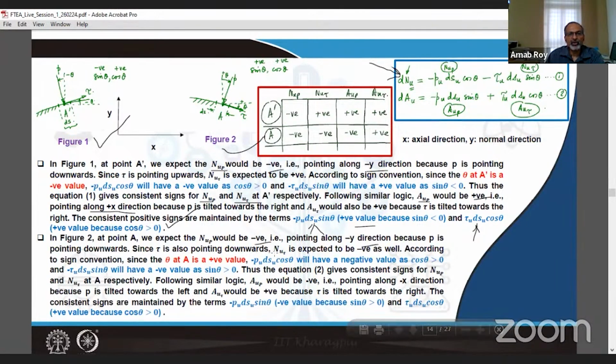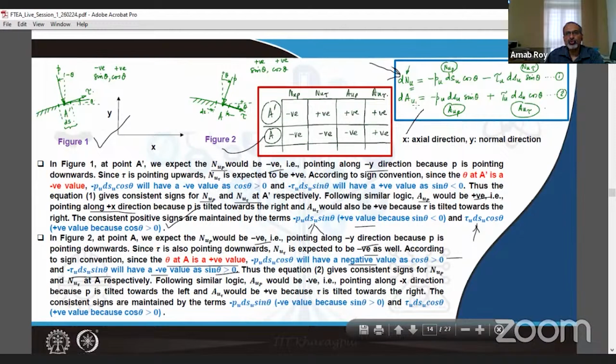Since tau is also pointing downwards, N_u,tau is expected to be negative as well. According to the sign convention, since theta at A is positive, minus P_u dS_u cos theta will be a negative value as cos theta is greater than 0, and minus tau_u dS_u sin theta will be negative as sin theta is greater than 0.